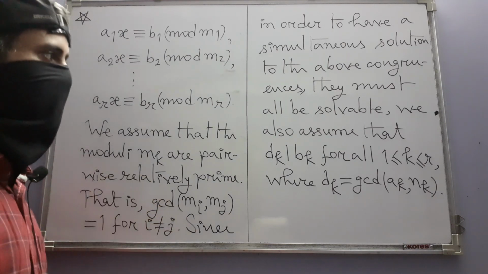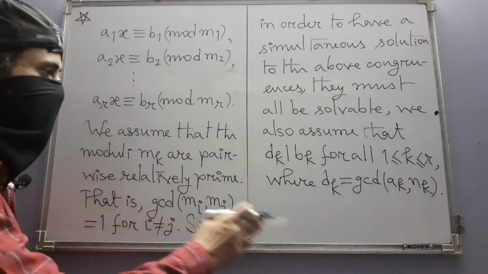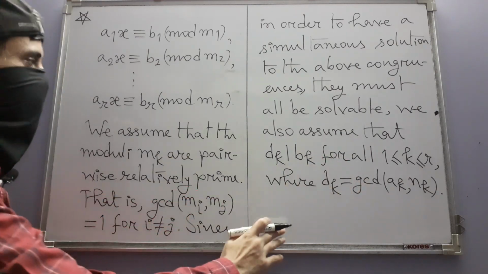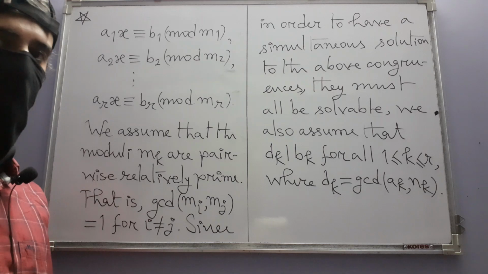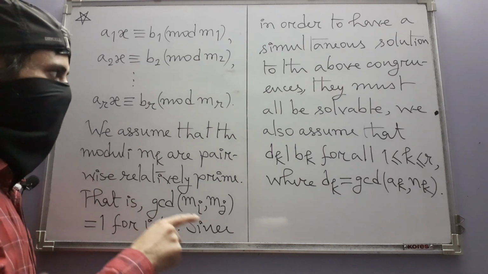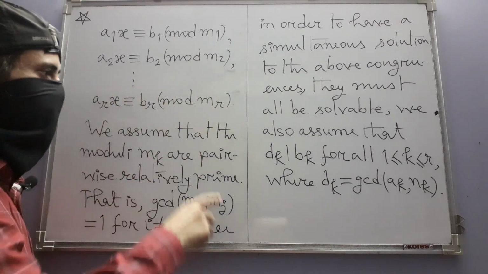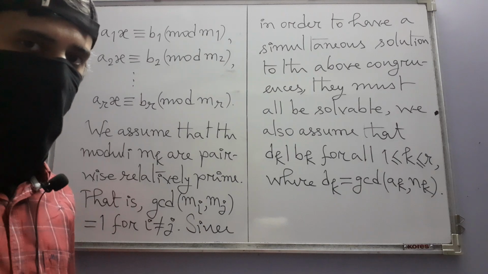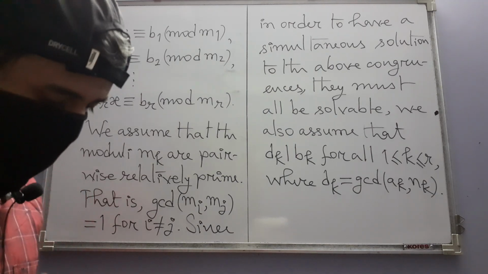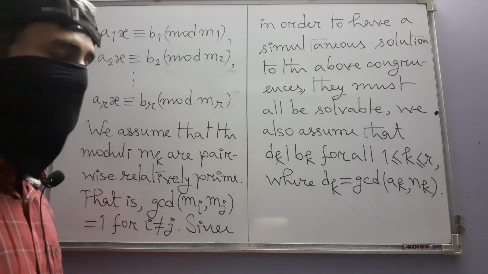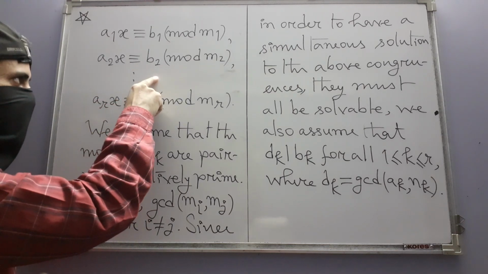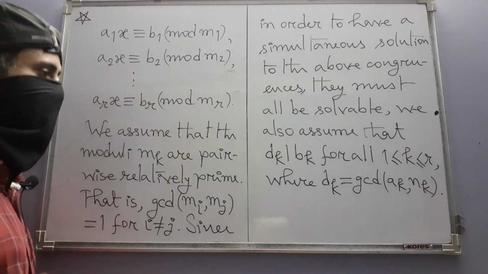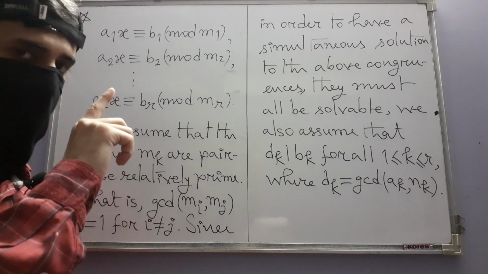Now in this situation, with these additional conditions, we can simplify these congruences. How? By dividing each congruence, the kth congruence, by dk. And when I say that, I specifically mean dividing not just ak and bk, but the modulus mk as well, by a previous result.